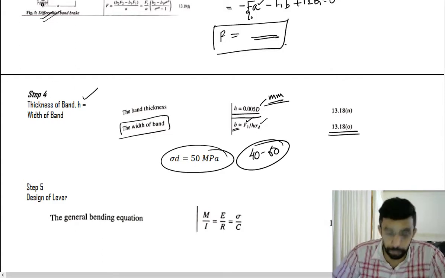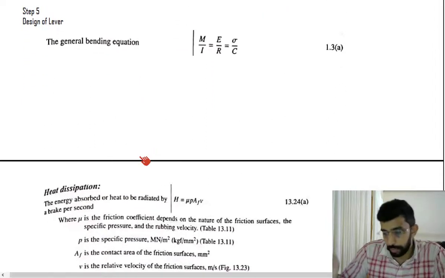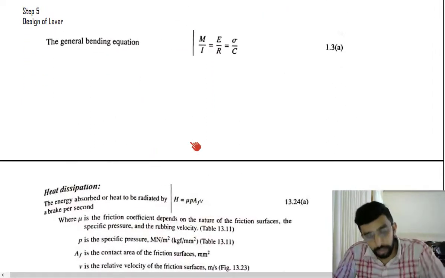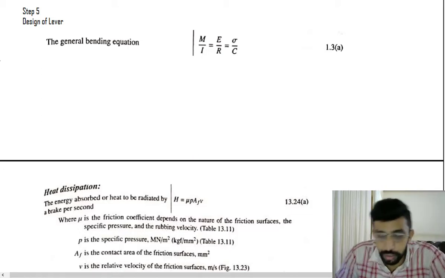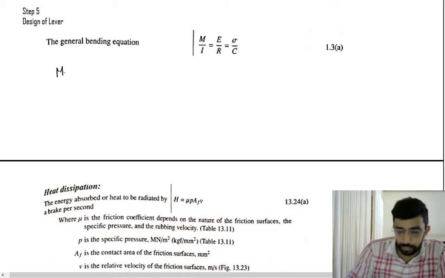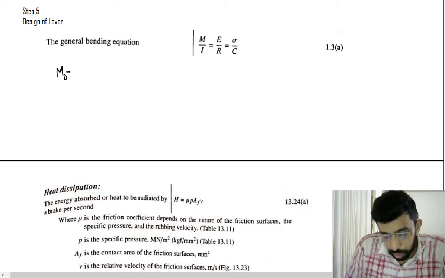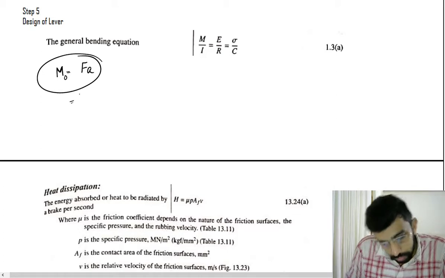It's very simple. And finally we have to design the lever and the heat dissipation. These two are the same as the design of the brake. The only thing is that you take the correct moment about the point. You can take M equal to F into A. This is also okay, or this is also fine.